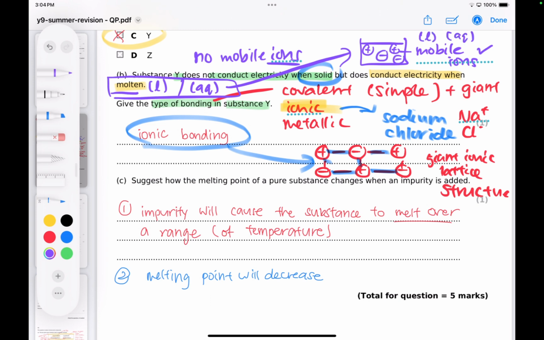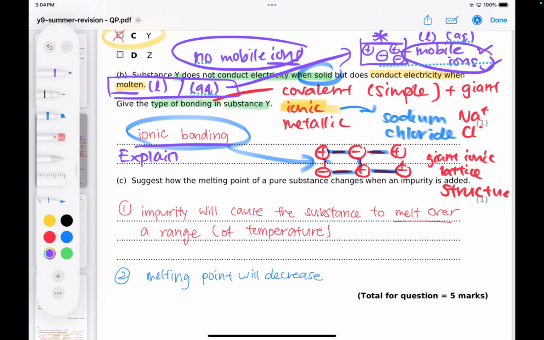This is the reason why an ionic substance can only conduct electricity in molten or aqueous state, because of the presence of mobile ions. Again, these are the keywords that you need to know to explain. If this question is converted to explain why an ionic compound cannot conduct electricity in solid state but can conduct electricity in molten or aqueous state, then you need to bring in these 2 keywords.